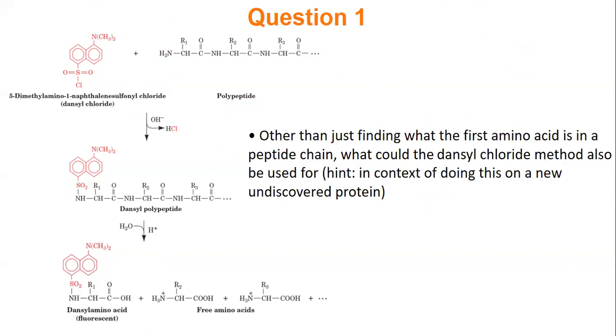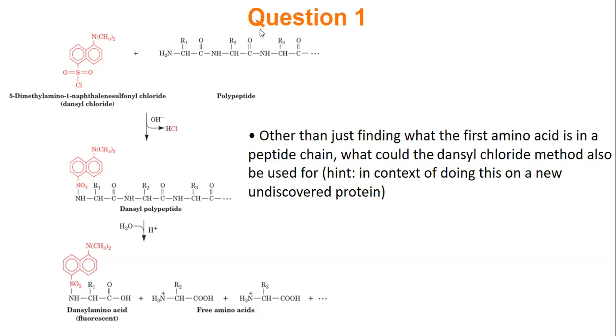All right. But other than finding the first amino acid in a peptide chain using this method, why would we ever do the dansyl chloride method? Because I have other methods that I can use to determine the first amino acid easily. Why would I use this specifically though? What could be the main use for the dansyl chloride method? Can anyone think of that? It's not obvious.